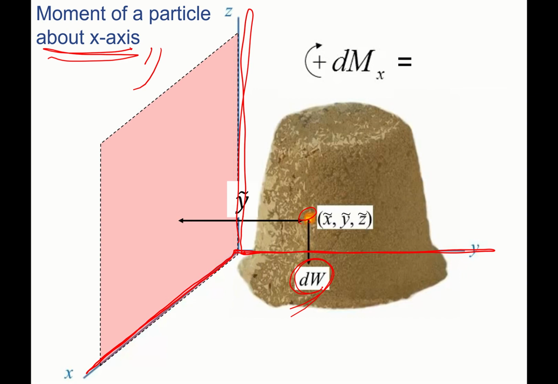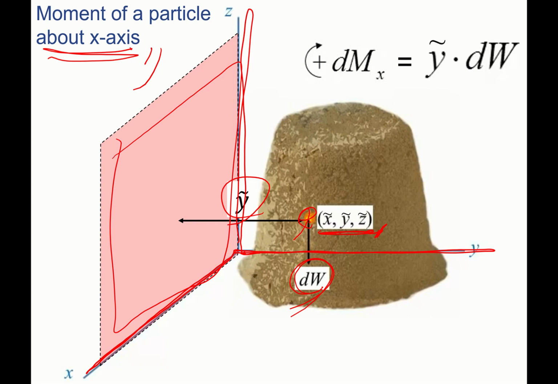The perpendicular distance from the x-axis, the xz plane, to the particle is y tilde. So y tilde times dW is the moment, which is a clockwise rotation.